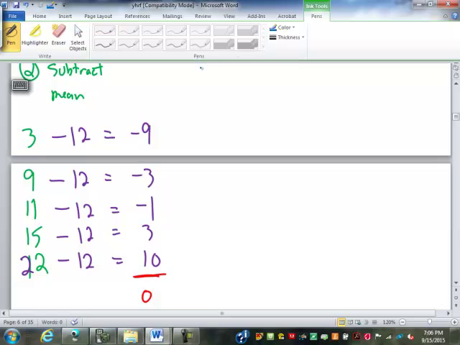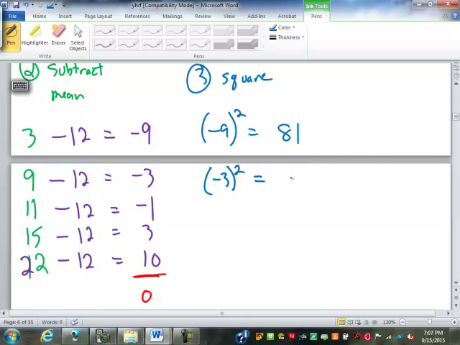What then is step 3? Square them. Very good. So negative 9 squared is 81. Negative 3 squared is 9.